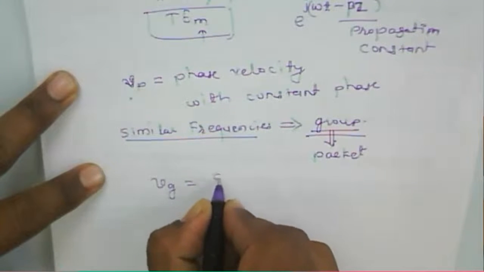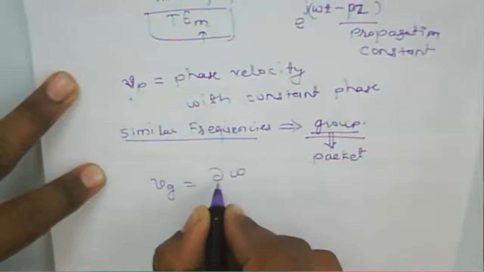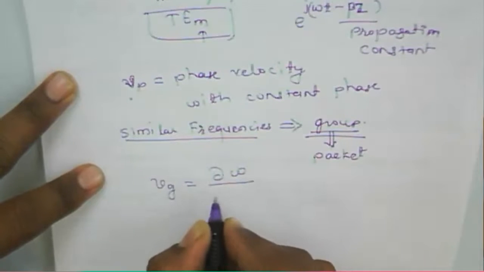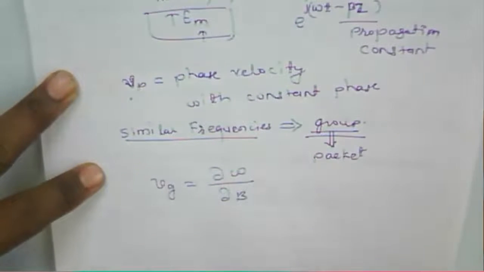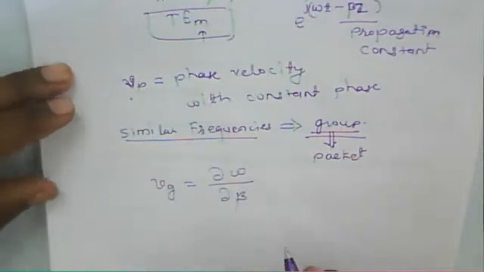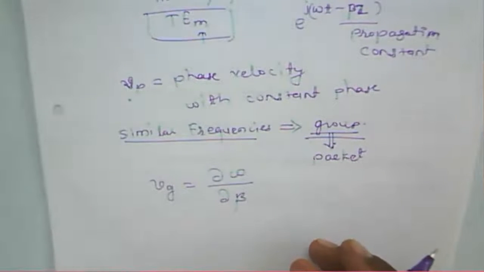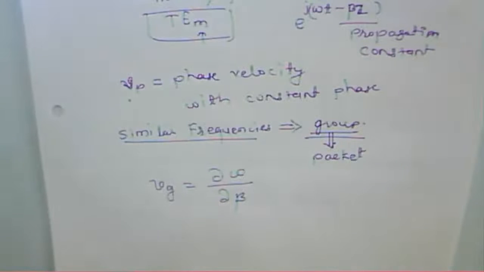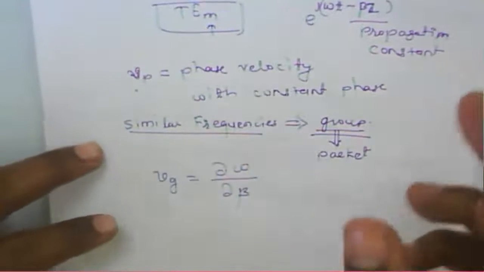Group velocity depends on the variation in the wavelength, and a small variation in the phase constant, because of the similar frequency components and the slight difference in the frequency of the signal.